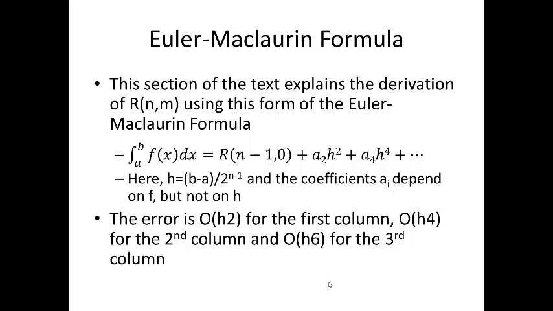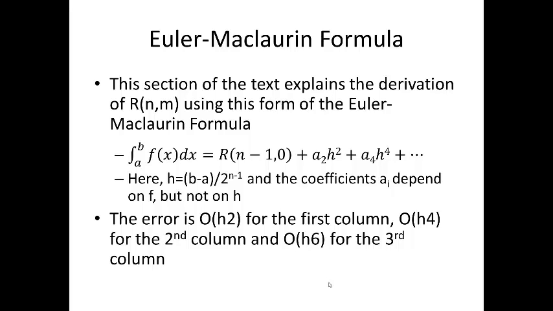And the formula for that is the integral from a to b of f(x) dx is R(n-1),0 plus a2 h^2 plus a4 h^4 plus a6 h^6, etc. Now here h is (b minus a) divided by 2 to the n minus 1, and the coefficients a sub i depend on f, but not necessarily on h. So the error is O(h^2) for the first column, O(h^4) for the second, and O(h^6) for the third column.